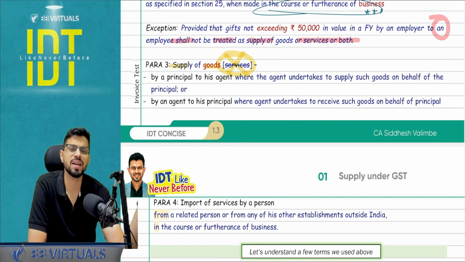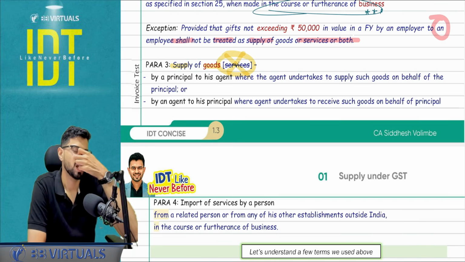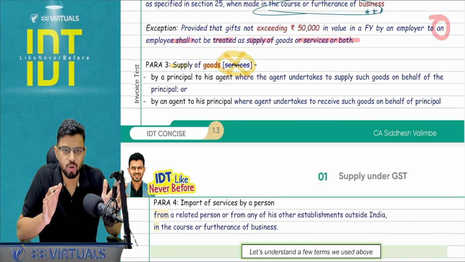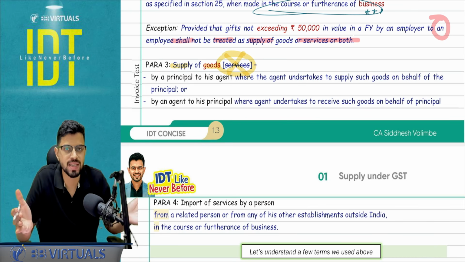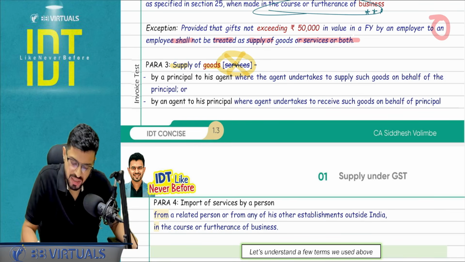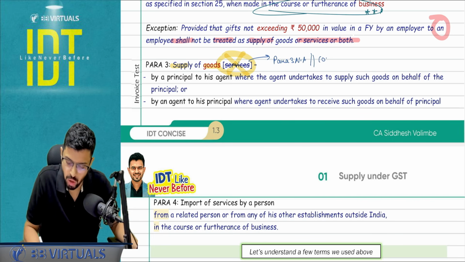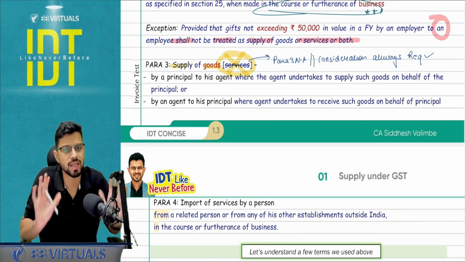And I will be paying the agent a commission. If you want to theoretically bifurcate goods versus services, you can write that for services, paragraph number 3 is not applicable. Hence, consideration is always required to make it a supply, because para 3 is not applicable.